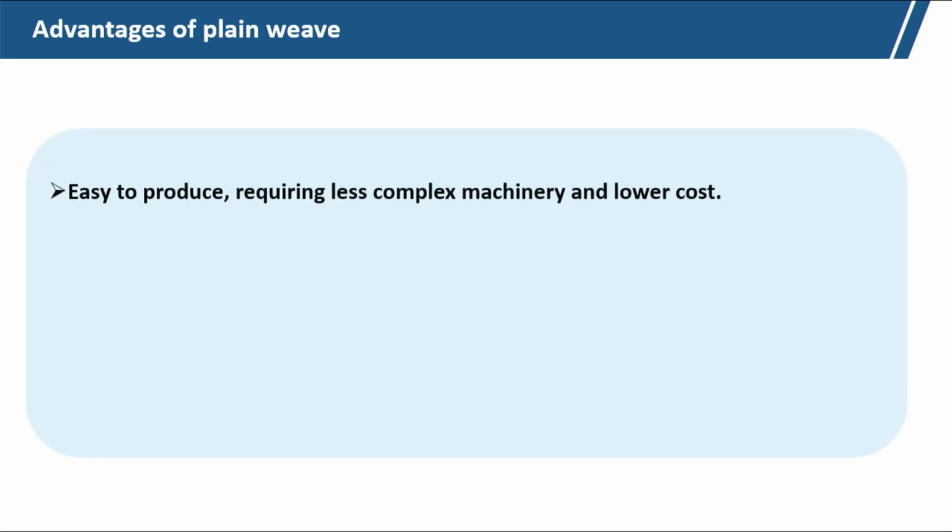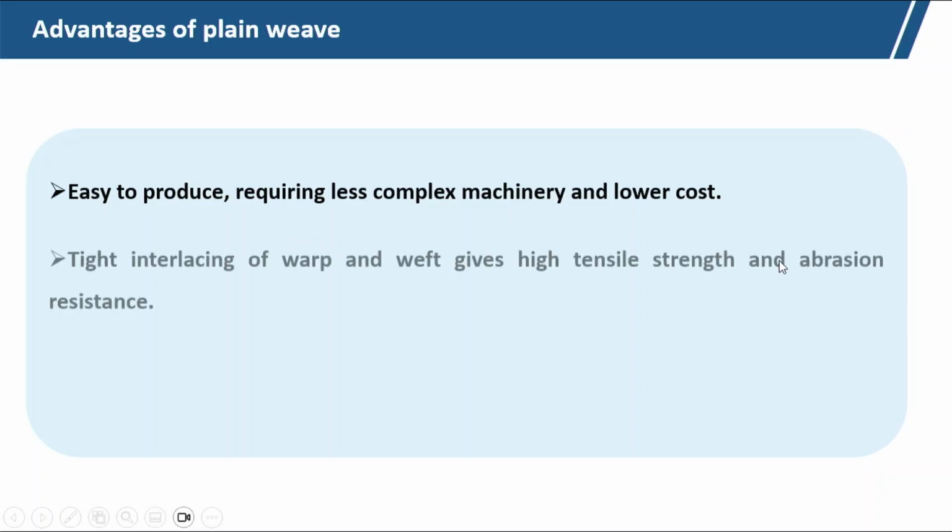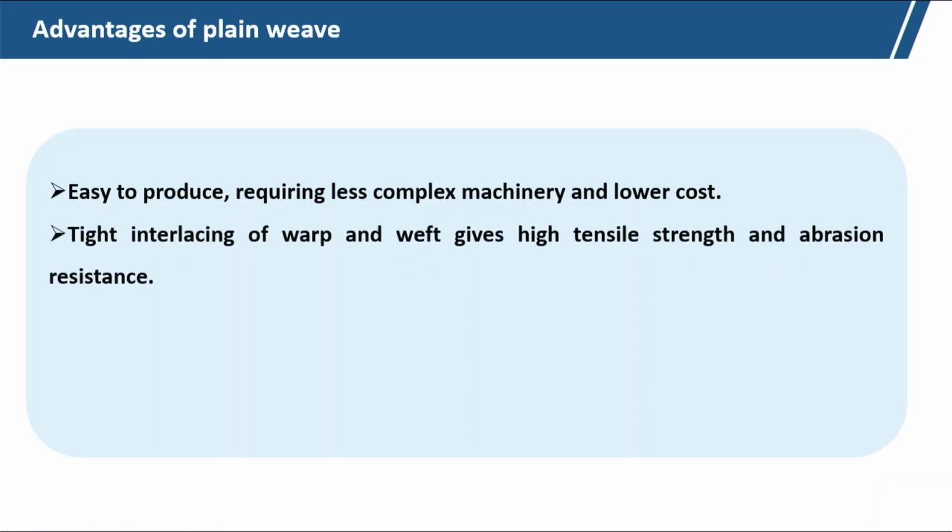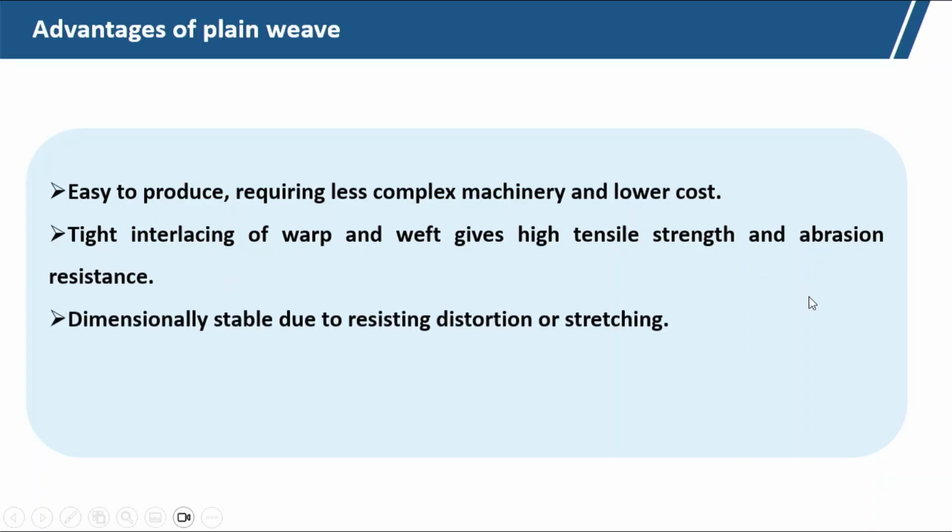So, advantages of plain weave: easy to produce, requires less complex machinery and effectively cost is low, productivity is higher. Tight interlacement of warp and weft gives high tensile strength and abrasion resistance.